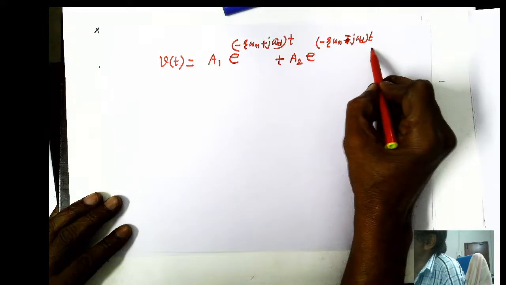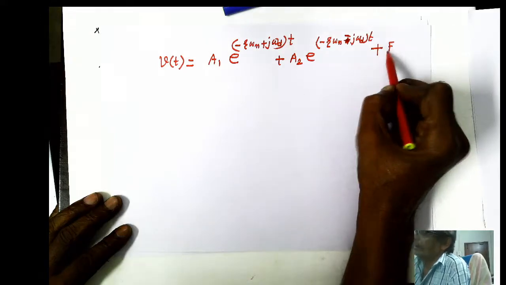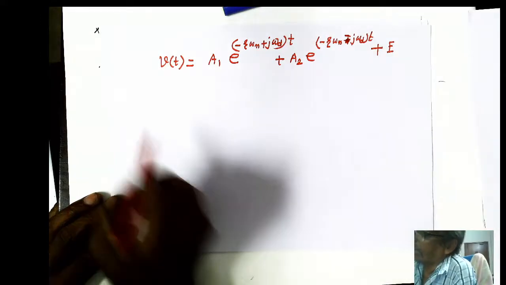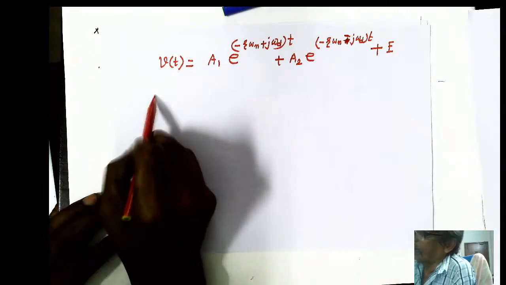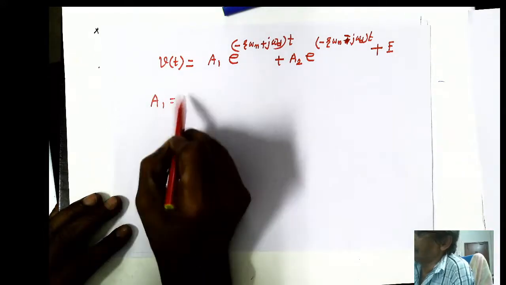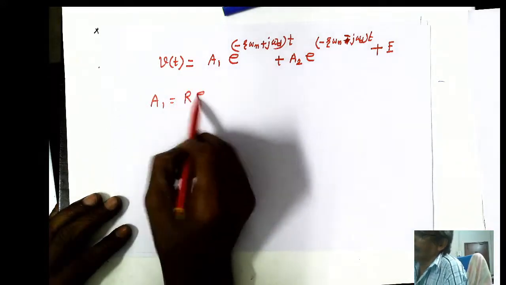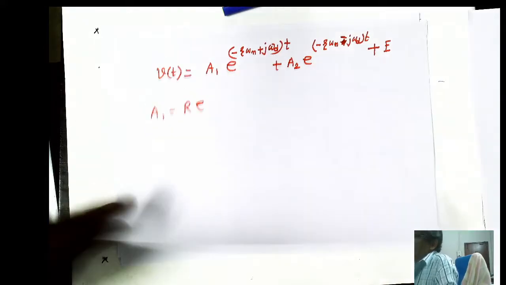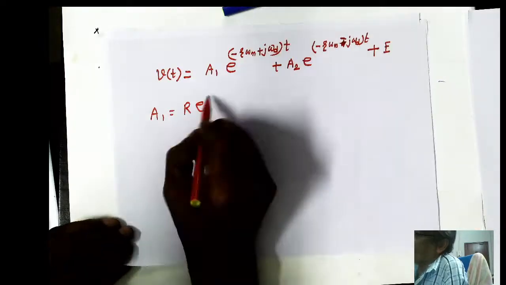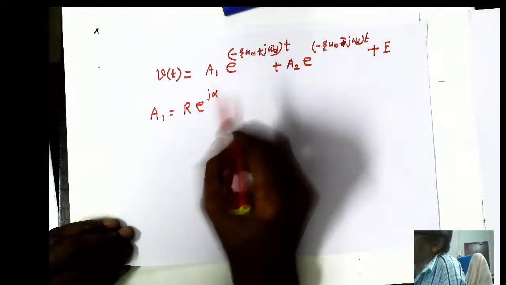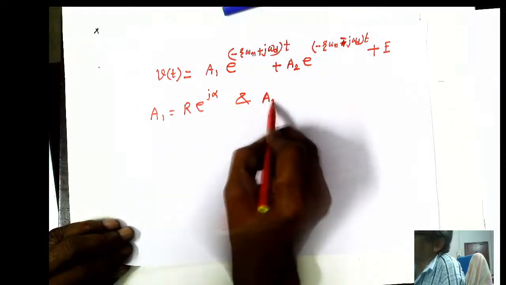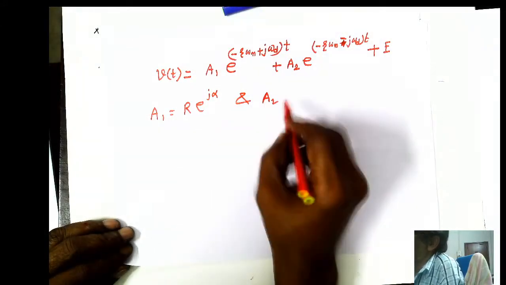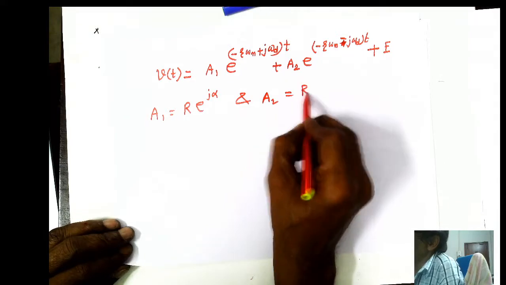This was the thing. Now I have assumed A1, I have got R e to the power j alpha, and A2 is the complex conjugate of A1, that is equal to R e to the power minus j alpha.